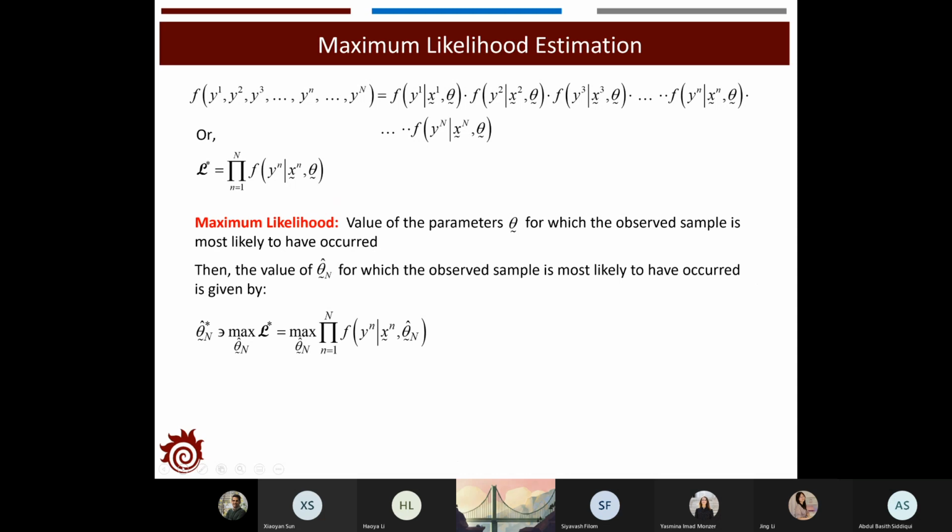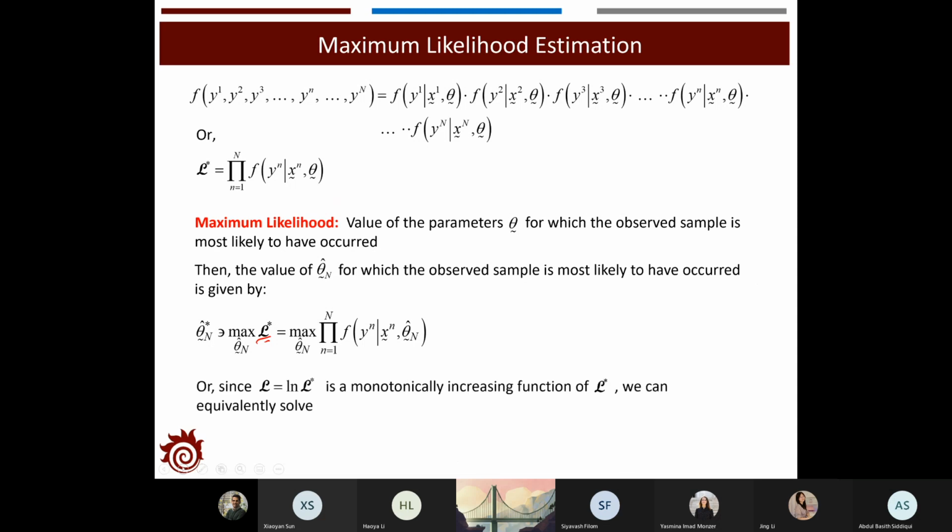Now we can write down the maximization problem. We will just maximize the likelihood function, but this kind of product is really hard for us to compute. So we apply the log transformation.